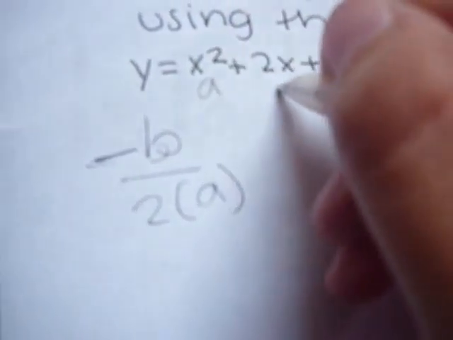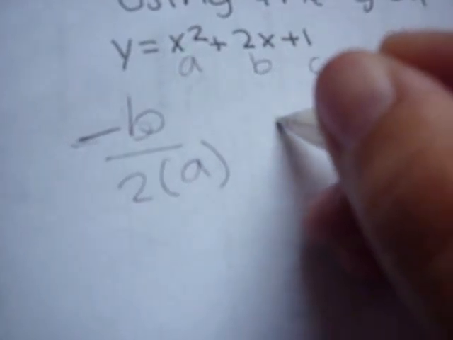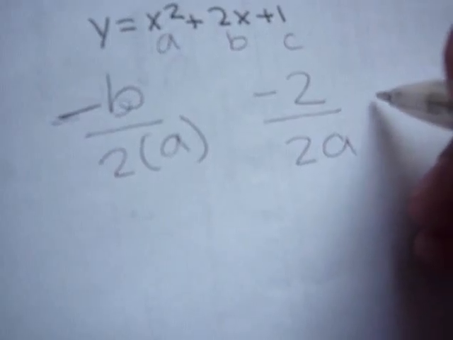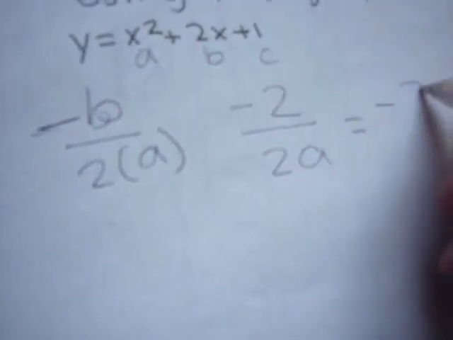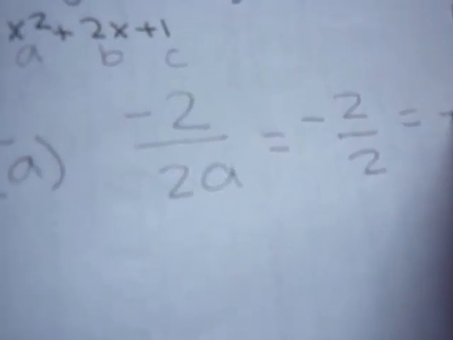This is a, b, c. So it's going to be minus 2, 2a equals 2 plus minus 1.